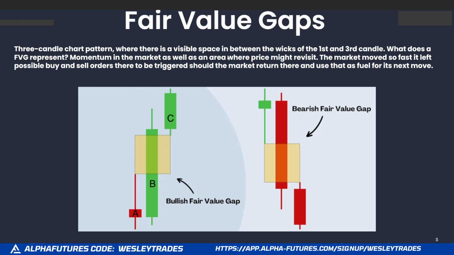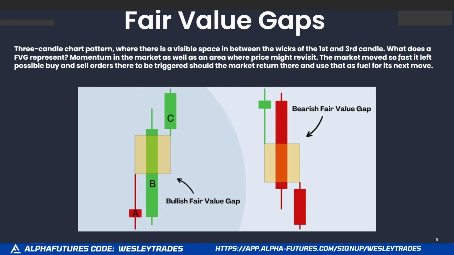All right, what does an FVG represent? It represents momentum in the market as well as an area where price might revisit, or this is also called liquidity, right? During this move, there are pending buy orders that are not executed yet, and when price comes down to them, they're suddenly getting executed, and boom, price reacts strongly towards that.